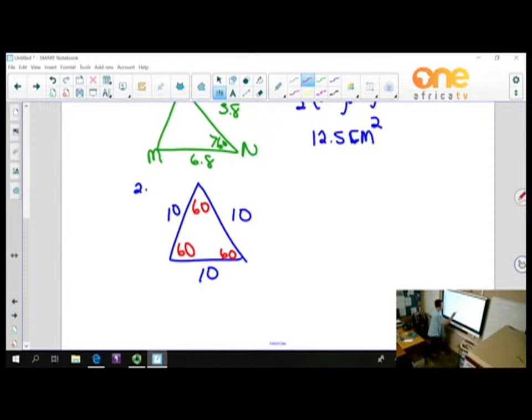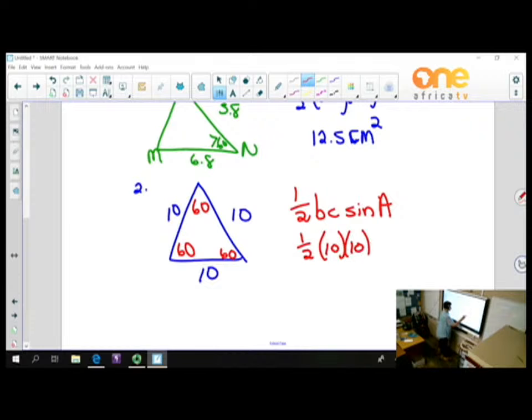So I can still use my formula, half BC sine A. So it's then a half of 10 times 10 sine 60 degrees. You just press the calculator there. I got 43.3 square centimeters.